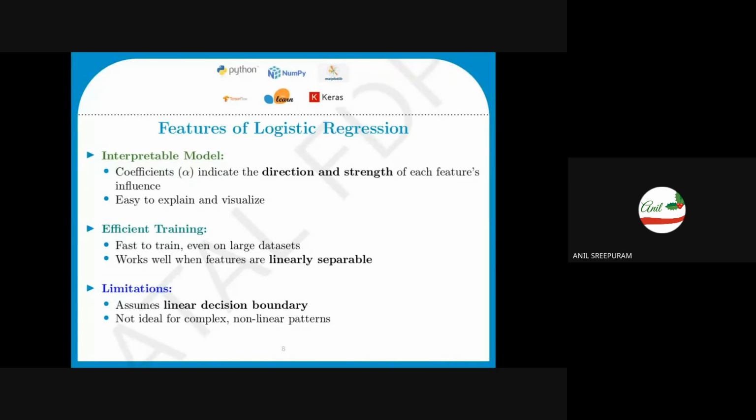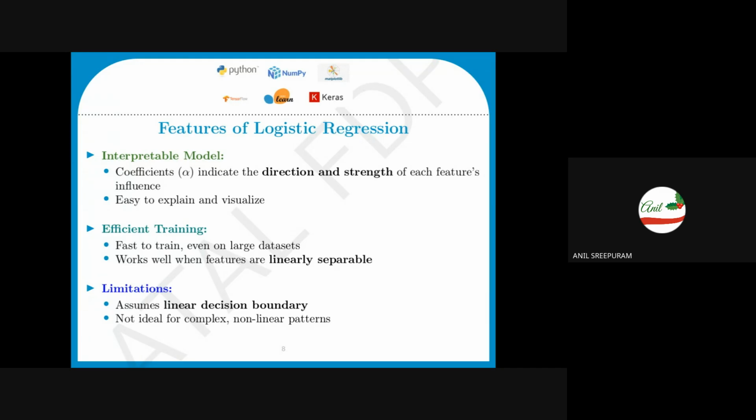And what I can see is that the class 0 inputs and the class 1 inputs I can separate by means of a line. That means on one side of the line all the class 0 inputs will be lying, and on the other side the class 1 inputs will be lying. In such a situation, we say that our data or features are linearly separable. And in that case, this is performing very well.